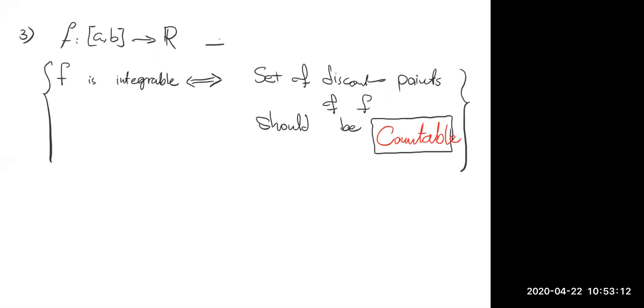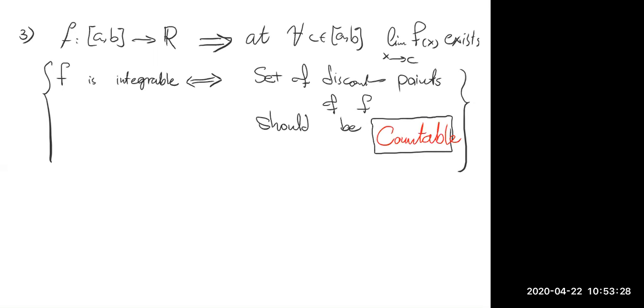Suppose we have a function f from ab to R such that at any point c in this interval, the limit of the function f of x when x goes to c exists. It doesn't mean f is continuous there. For example, c can be like this.